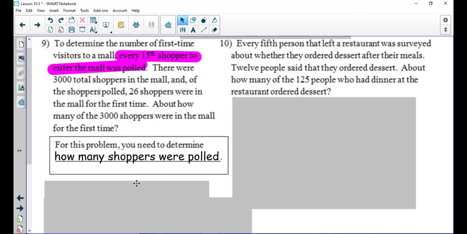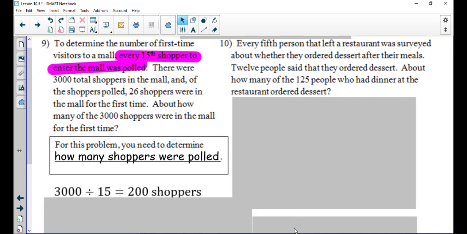To do that, we can take the total number of shoppers in the mall, which was 3,000, and divide that by 15, since we have this systematic sample, every 15th shopper to be polled. We determined that 200 shoppers were polled. That is from our sample. And we know from that sample, 26 were in the mall for the first time. My population size is that 3,000 shoppers.